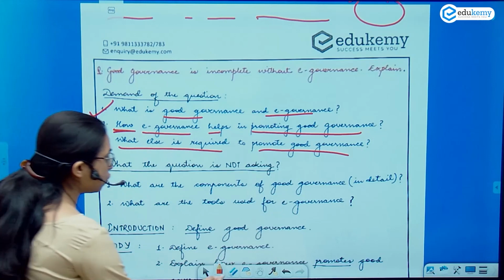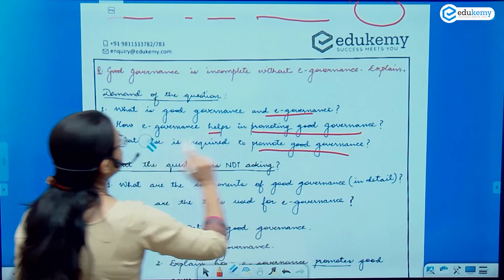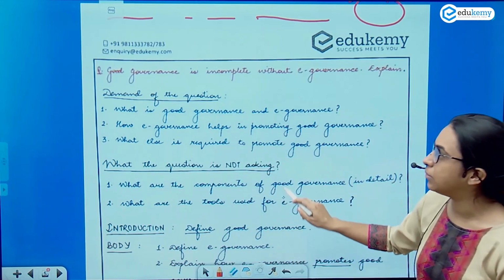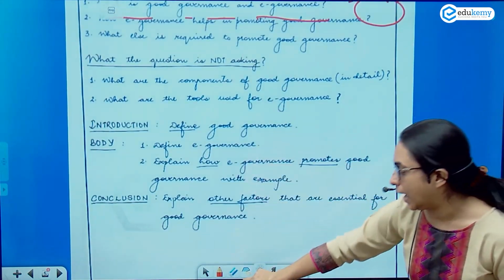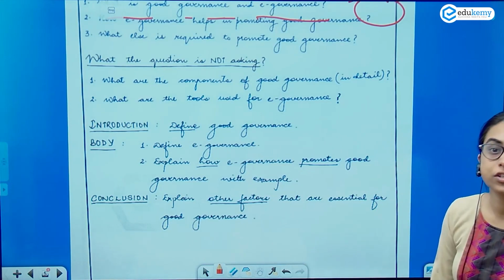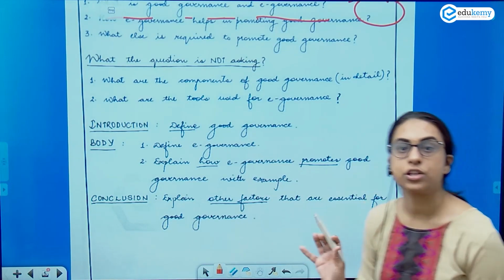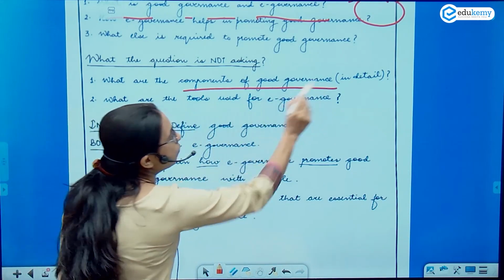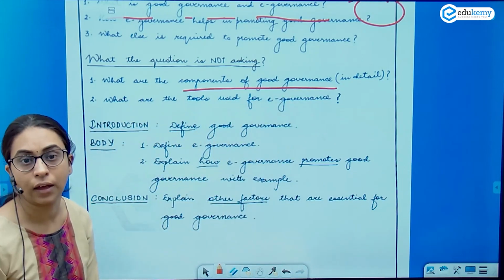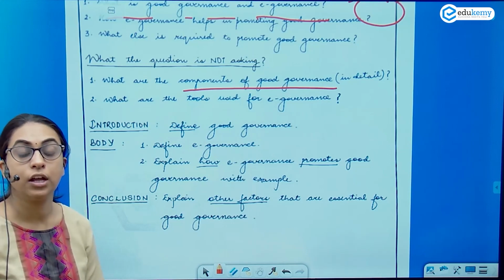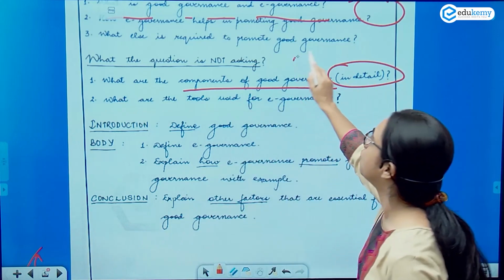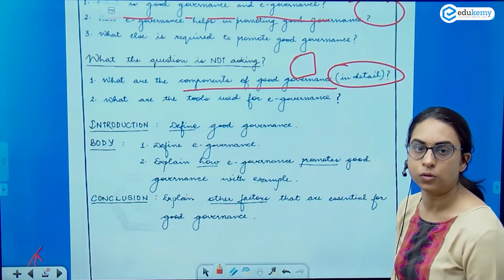However, you should also know the mistakes that a student makes. We have seen mechanically sticking to the question and not knowing the parameters of good governance. The question is not asking about the components of good governance, but at least you should have them in your mind. Though it is not asking in detail, try to put the components of good governance in a diagram.